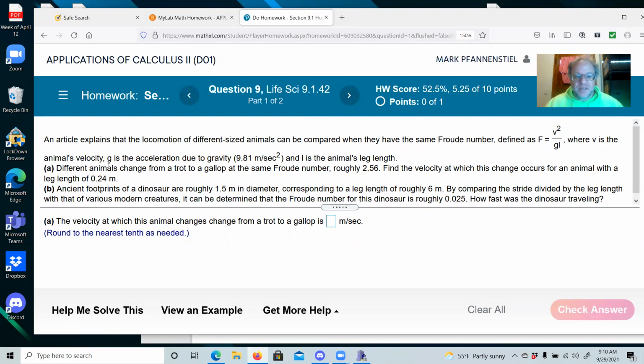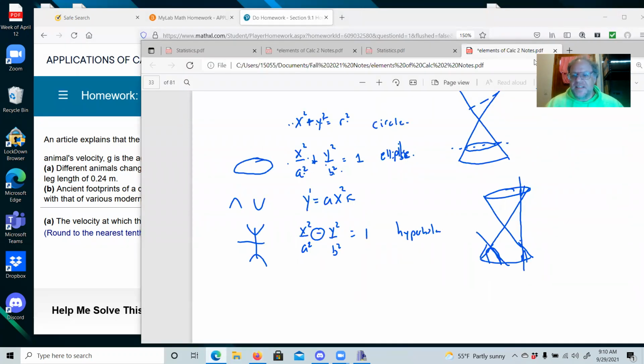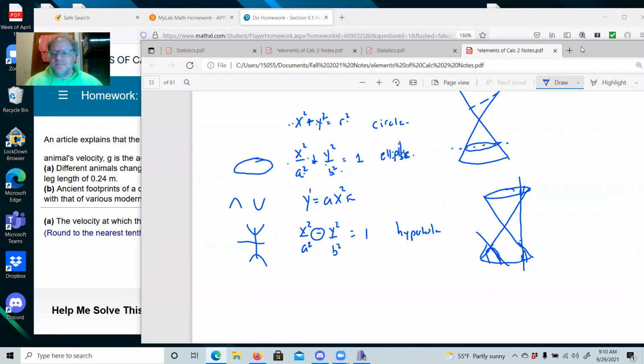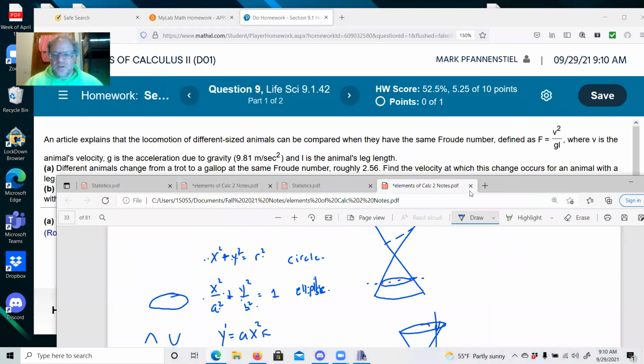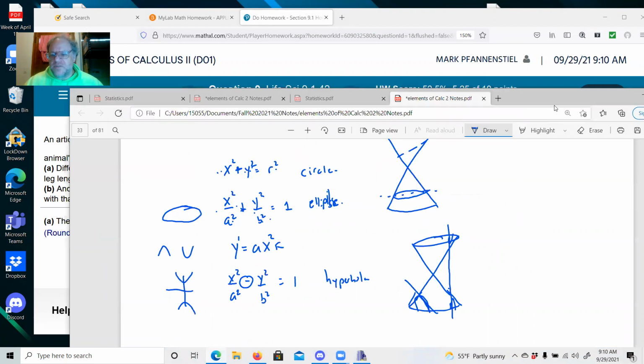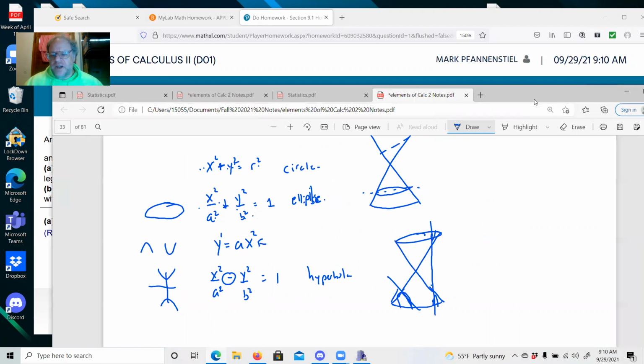We have G, let's just go through it. So we have F equals V squared over GL.